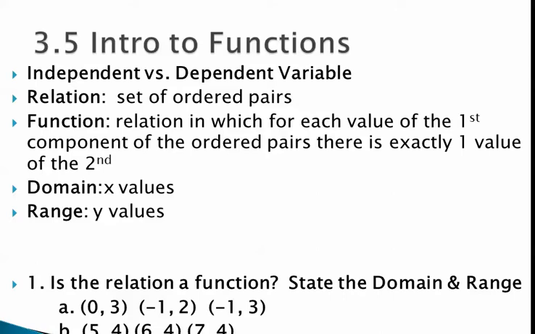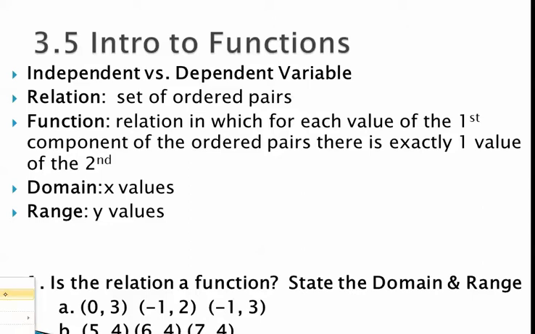So looking at the first example, there's a couple of questions. First of all, is the relation a function? State the domain and range then of each. For part A, the set is (0, 3), (-1, 2), and (-1, 3). The first part is, is it a function?